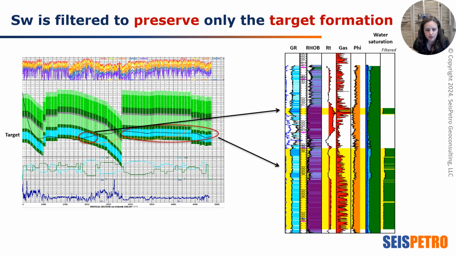For the case that we're looking at here, we have on the right the horizontal log. So in the first track, we have the gamma ray, then the density, rho B, the resistivity, the gas curve, the porosity, and the water saturation. The last curve in the track here is the filtered water saturation curve, which preserved only the data that actually was inside the reservoir.